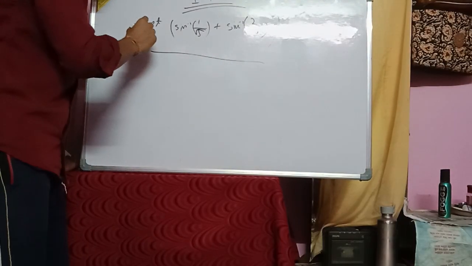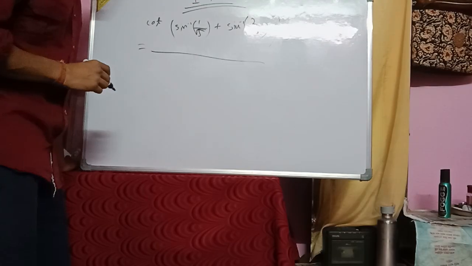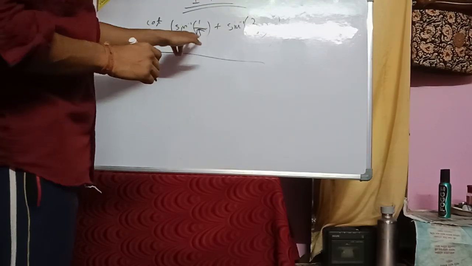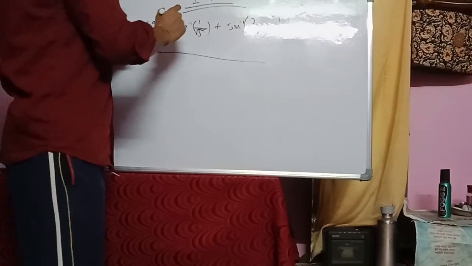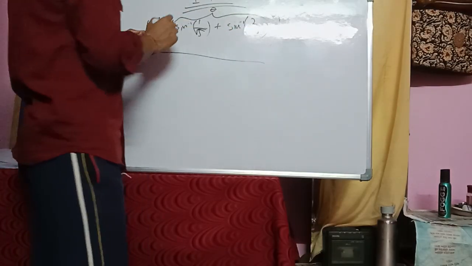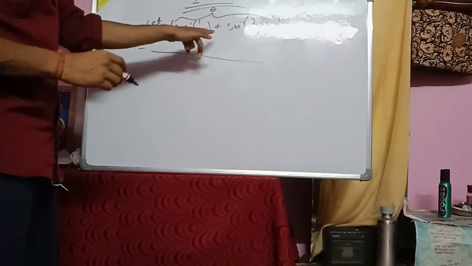So first of all, this is the cot trigonometric operator, and we have a sum of two angles inside of it. Basically, I can say that this sum is theta. So what we actually have is cot theta.